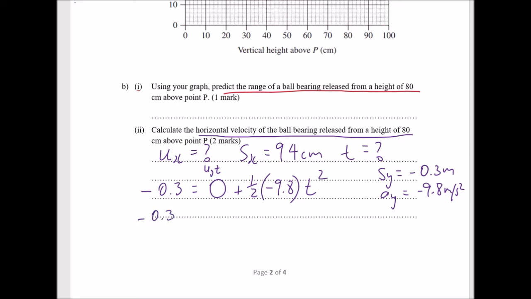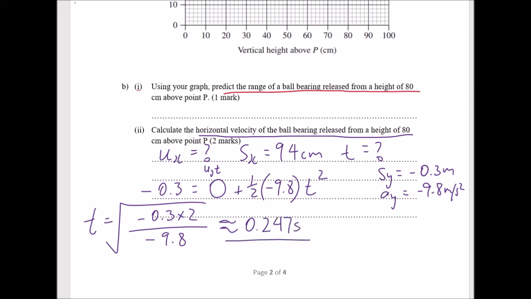So minus 0.3 times 2 divided by minus 9.8, square rooted, and that's our time. So if I plug it into my calculator, the amount of time it takes for it to drop is approximately 0.247 seconds.